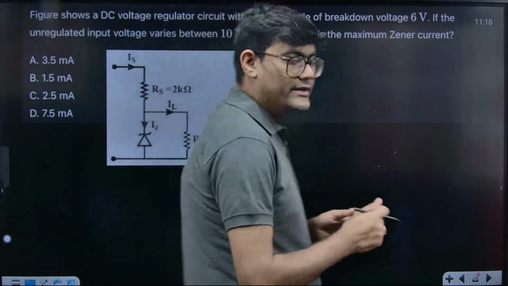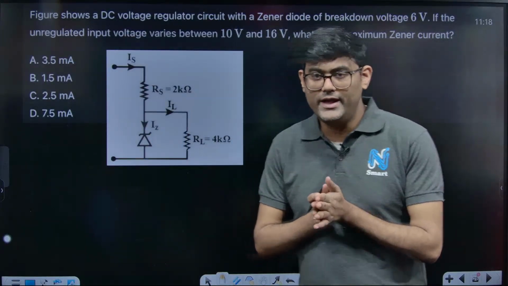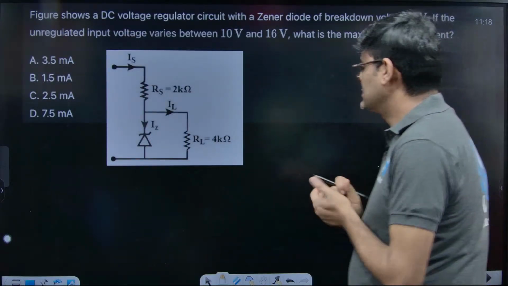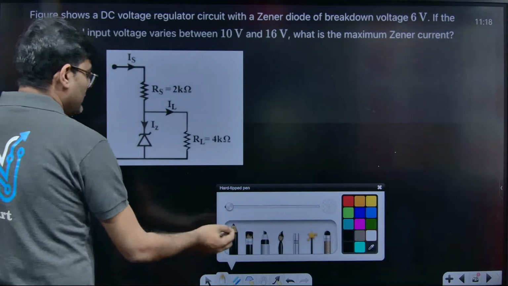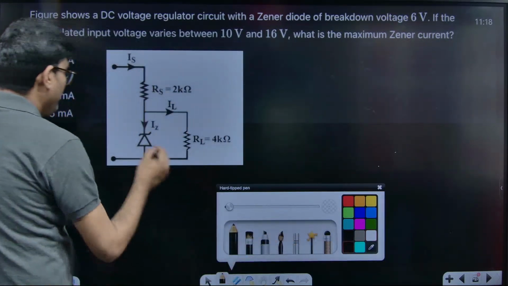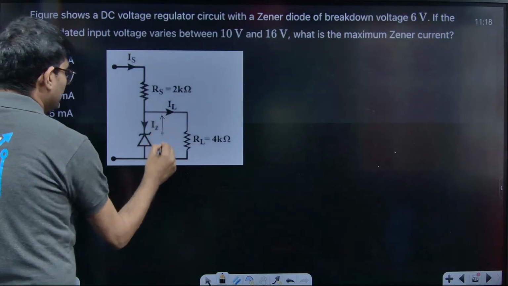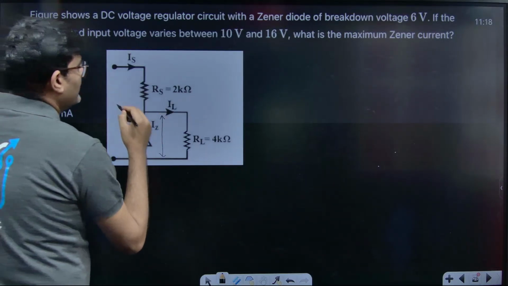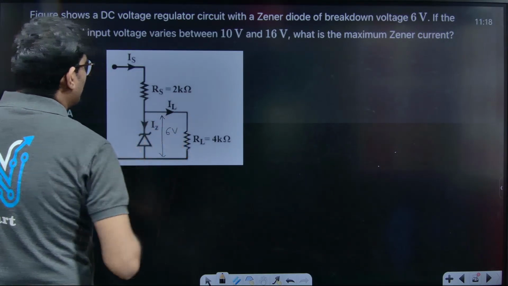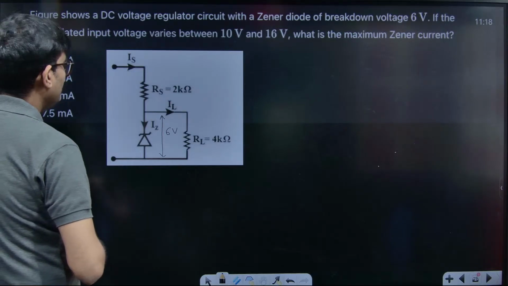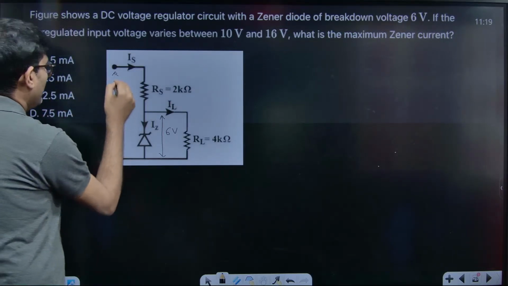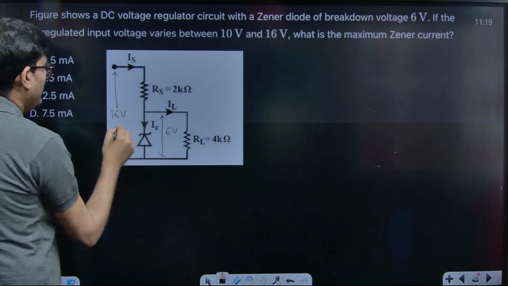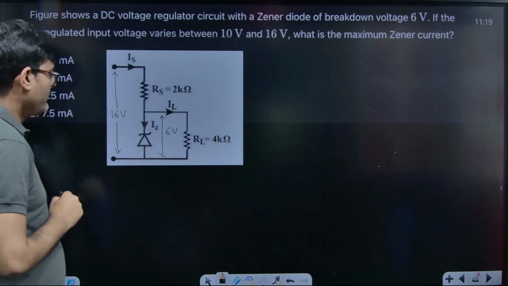Okay everyone, I think you have given it a try, good try. Let us try to understand the solution of this question. In this question also, just like the last one, it mentions that the Zener breakdown voltage is 6 volt. Of course, I have to find the maximum Zener current, so I will apply the maximum input voltage, which is 16 volt.